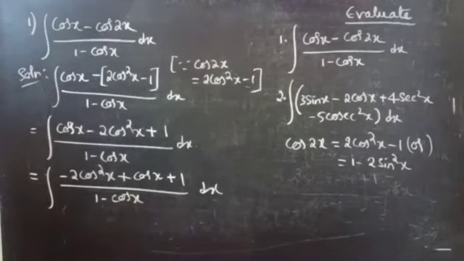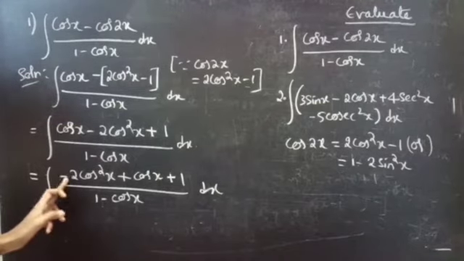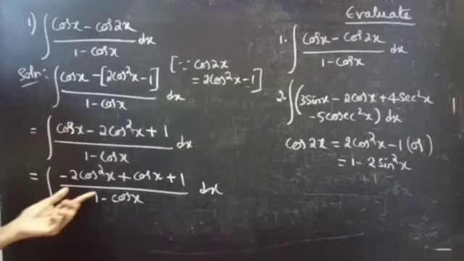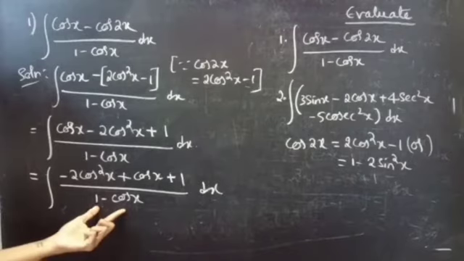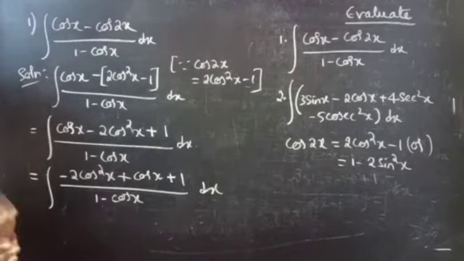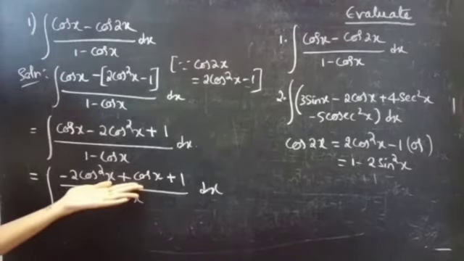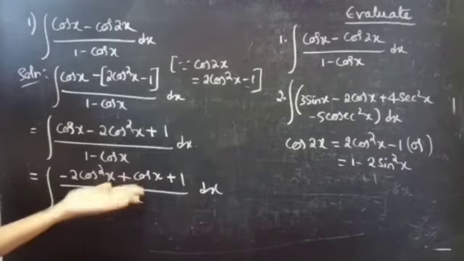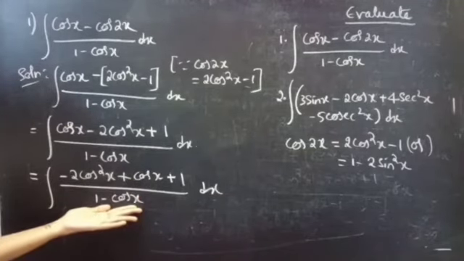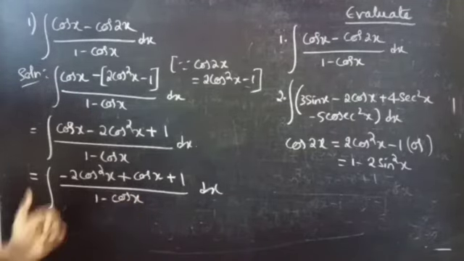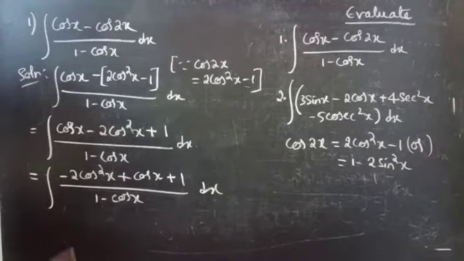Here we can take minus common from the numerator and the denominator, or you can multiply the numerator with minus and the denominator with minus. Instead of taking common, simply you can multiply numerator with minus and denominator with minus.